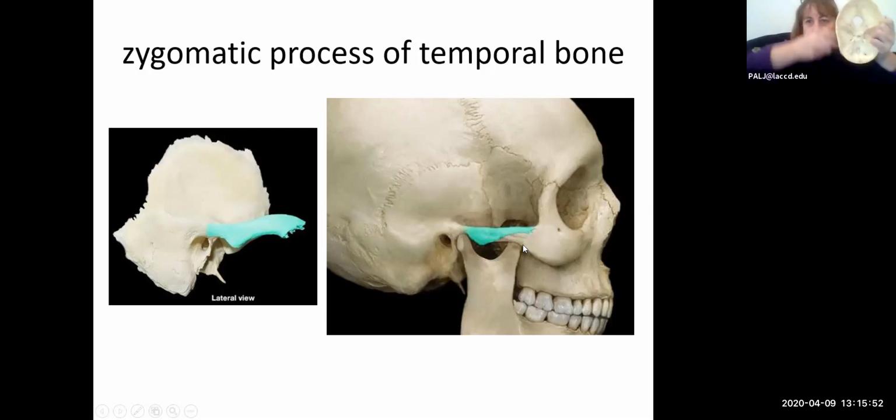Let me make it so you can see. All right, can you see this whole handle thing sticking out here? The handle is made from a process going anterior from the temporal bone and a process going posteriorly from this bone. So only this posterior part of it is called the zygomatic process of the temporal bone.